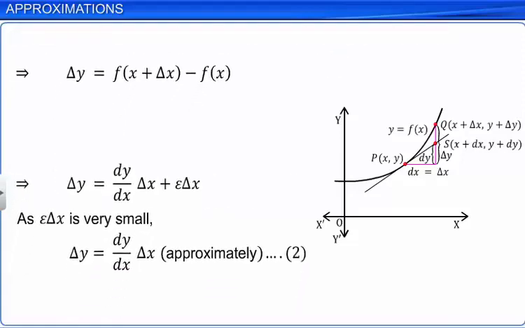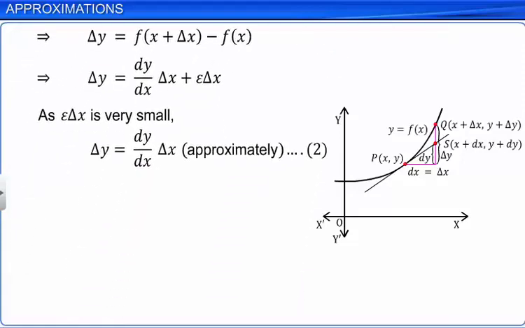That is, the increment delta y in the dependent variable y is approximately equal to dy upon dx multiplied by delta x. We have f of x plus delta x is equal to delta y plus f of x.